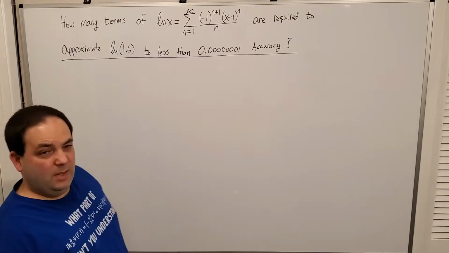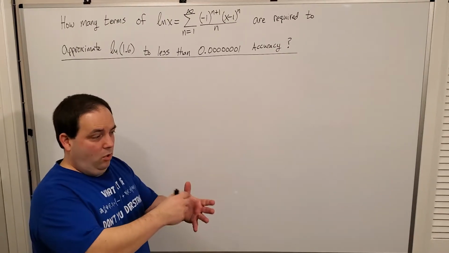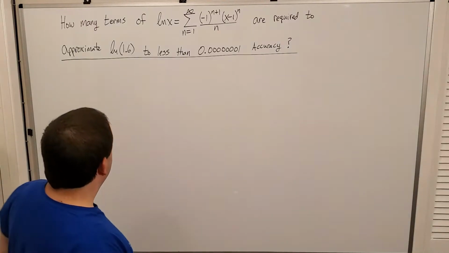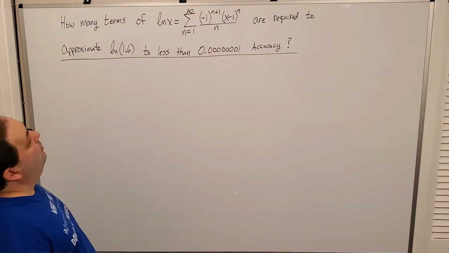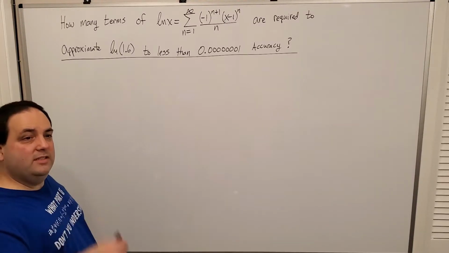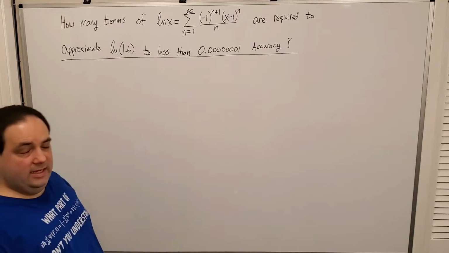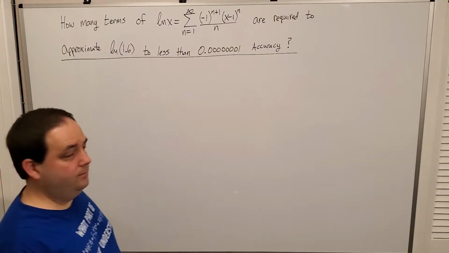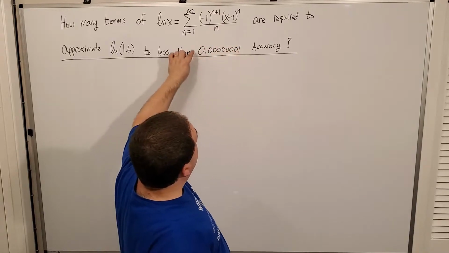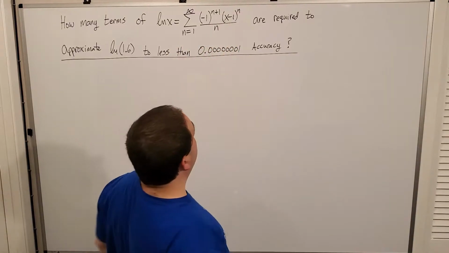Which, by the way, is the typical accuracy that you see on a lot of different calculator displays, give or take, right? Close to it. So how many terms would we actually have to sum up so that I could guarantee that it is less than that far away? So in other words, I want my error to be less than this, right?